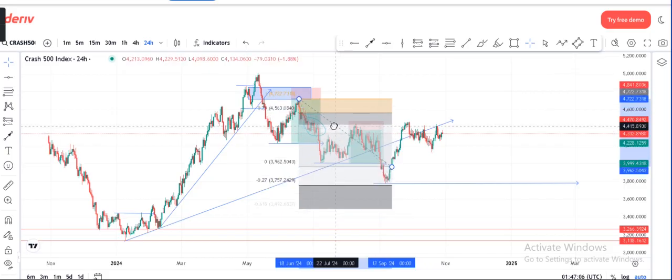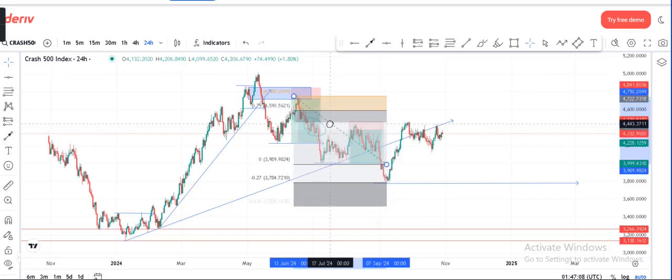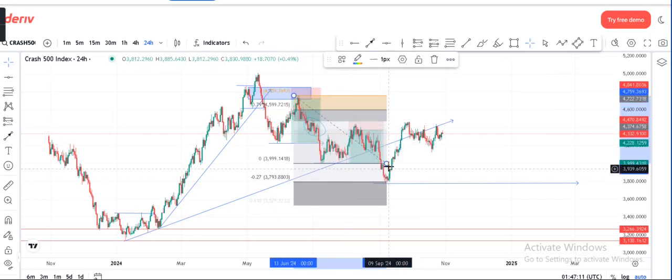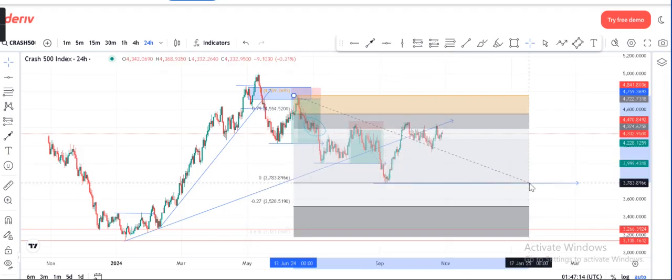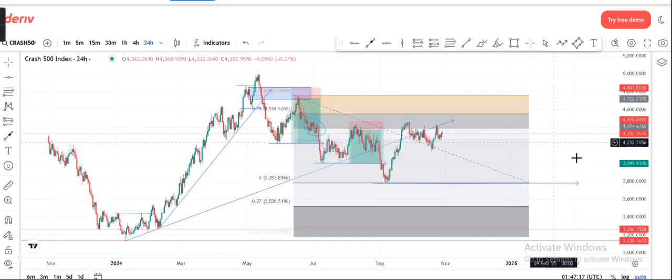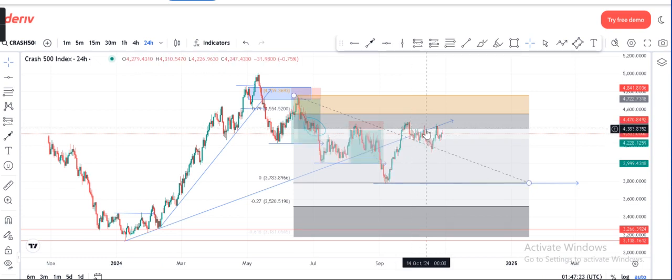Then we'll connect it from this particular high down to this particular point. And then we can clearly see that the trend line broke around here, came back, retested it, broke around here, tested it, broke again and retested it. So this area is a good area for ourselves.